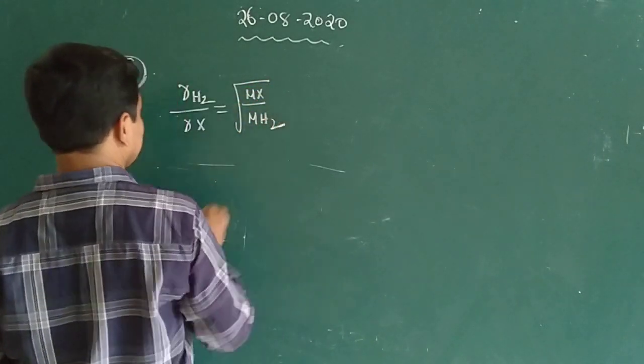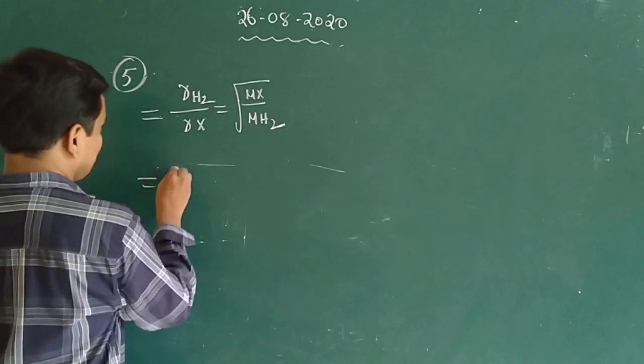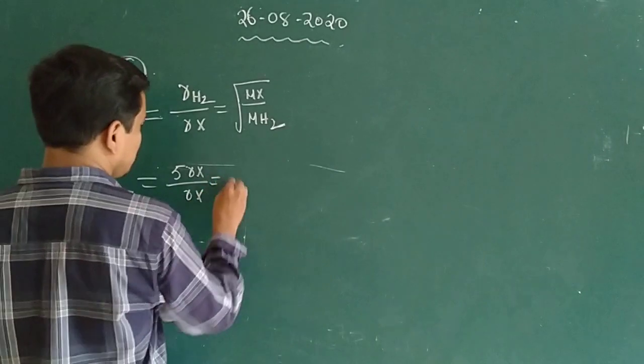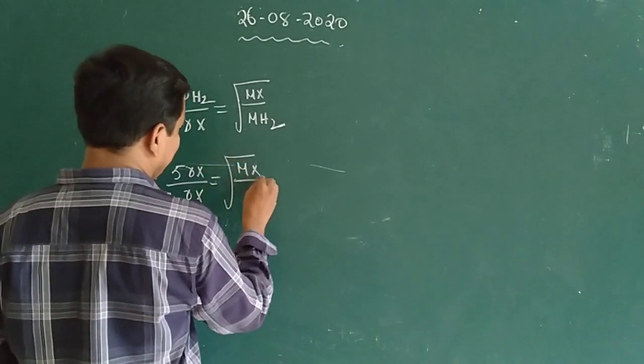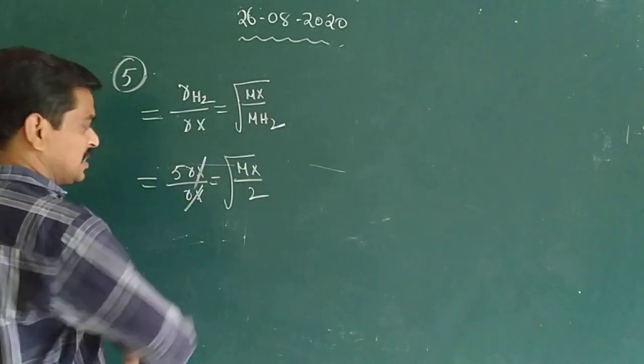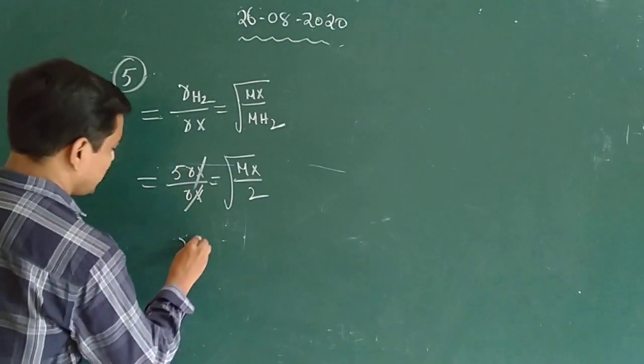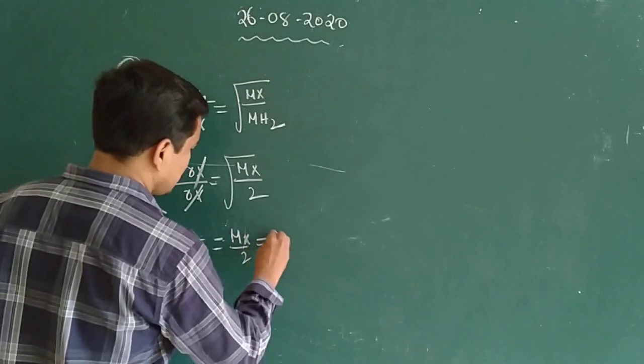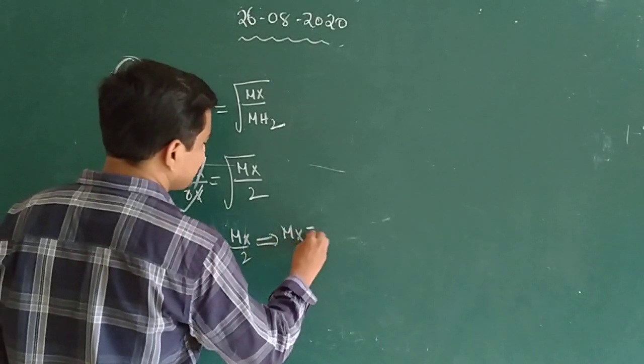He said 5 times faster. So R H2 is equal to 5 Rx. 5 Rx by Rx, students, that equals square root of mx by 2, students. Rx gets cancelled. Squaring on both sides, 25 is equal to mx by 2. That implies mx is equal to 50, students.